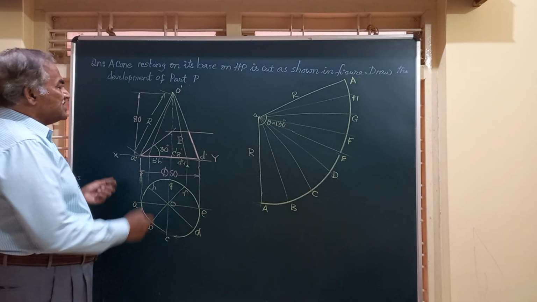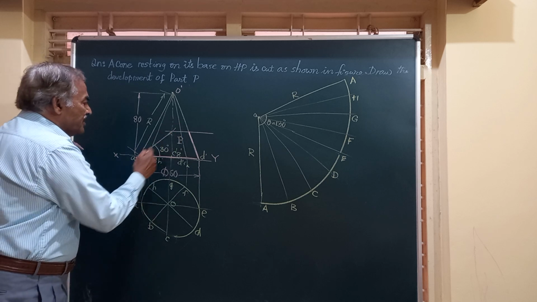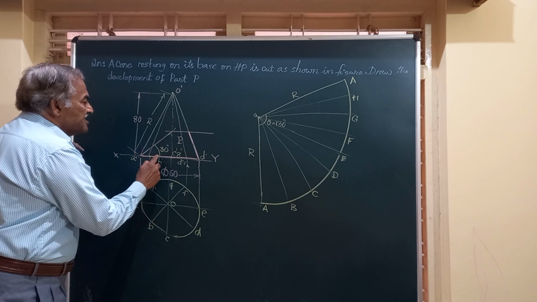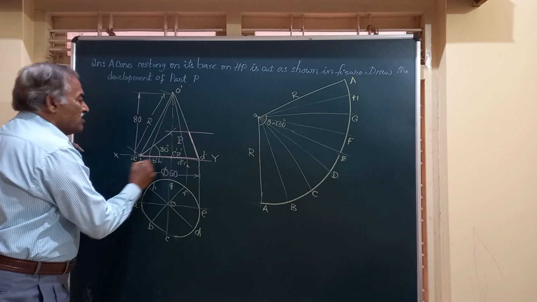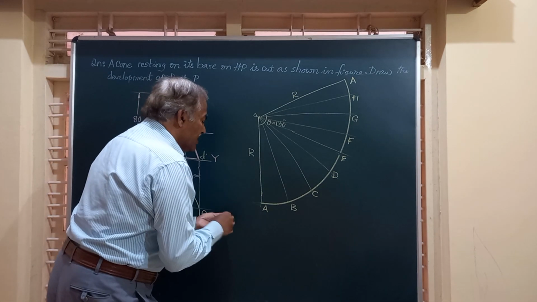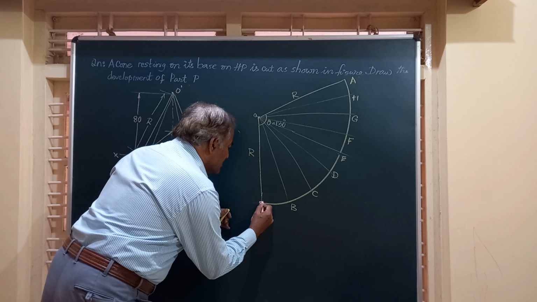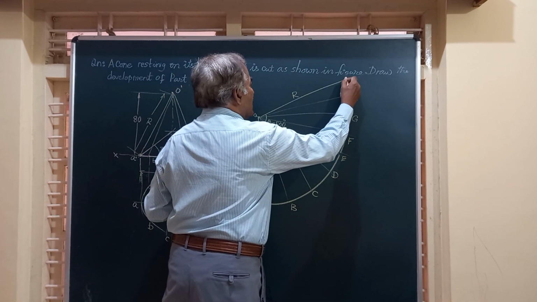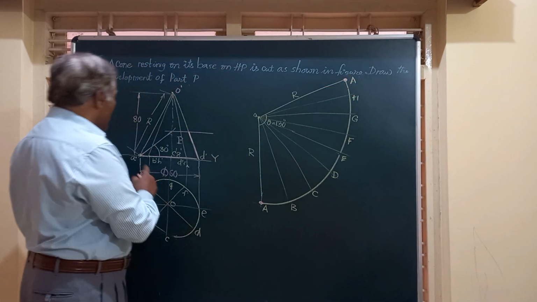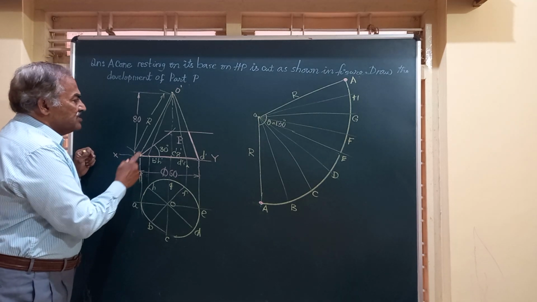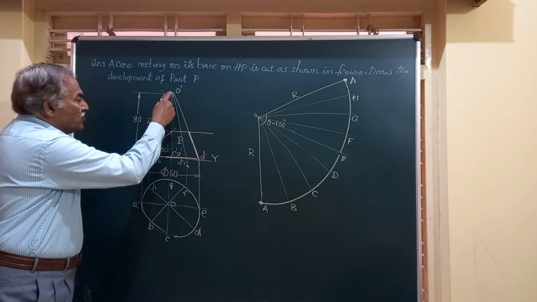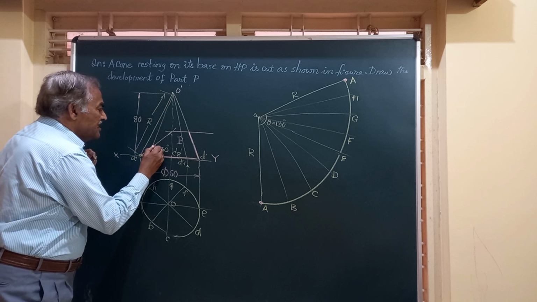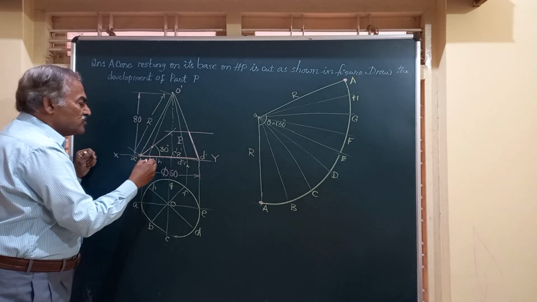Let us start with the section plane which is inclined at 30 degrees to the horizontal. It is passing through A of the base, so we can mark a point here. Next, the generators O dash B dash and O dash H dash are cut here, but these two are not the true length.